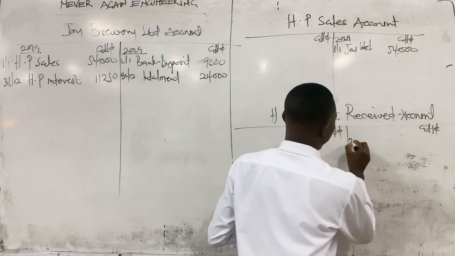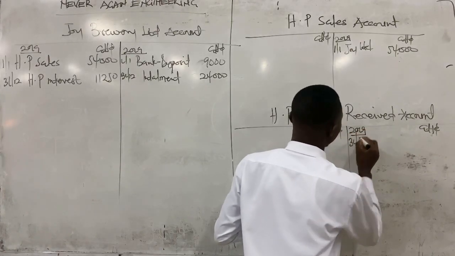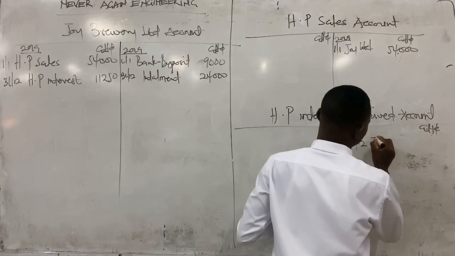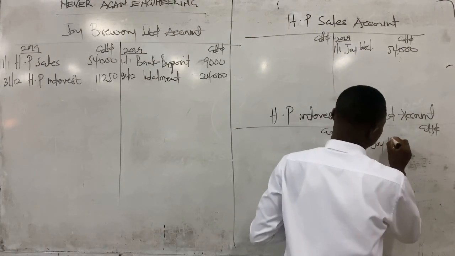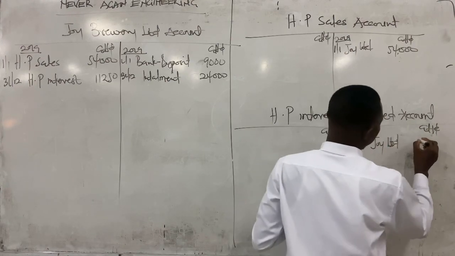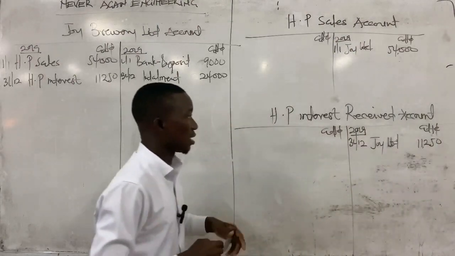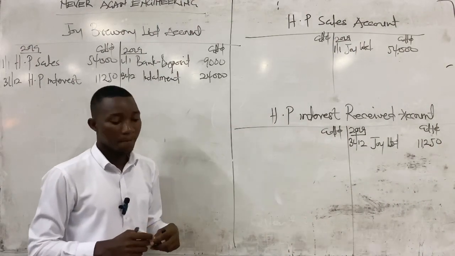So on 31st of December 2019, from Joe Limited, the amount is 11,250 Ghana cedis as interest received.